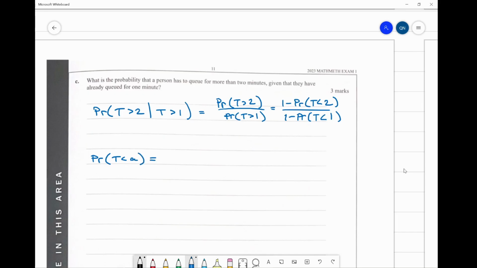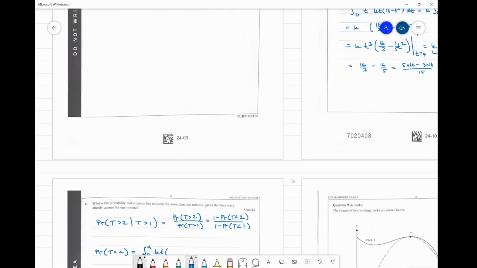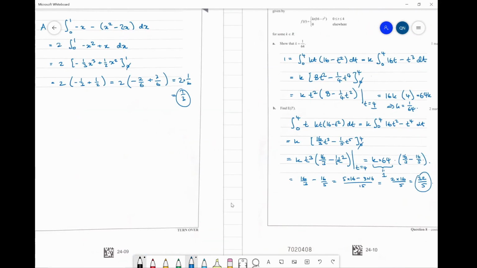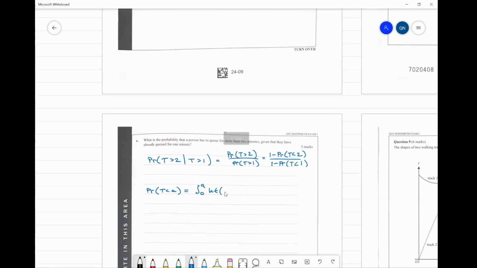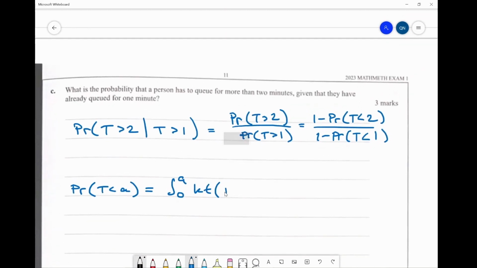So this is the integral from 0 to a of kt, I think it was 16 minus t squared, if I remember this right. So kt, and then we have 16 minus t squared. That's not a 9, by the way, that's an a. There's some parameter a that we can plug in later. dt. We can just copy our working out from part a.